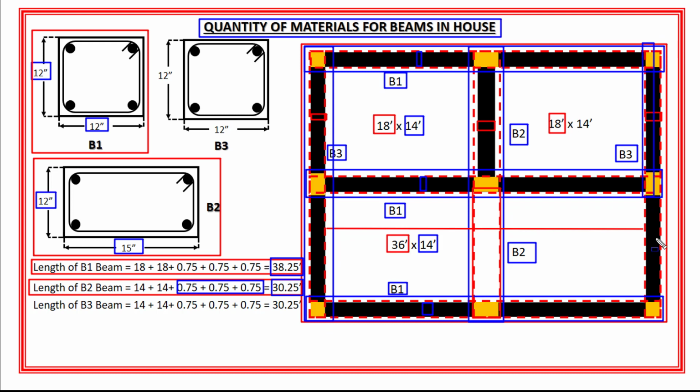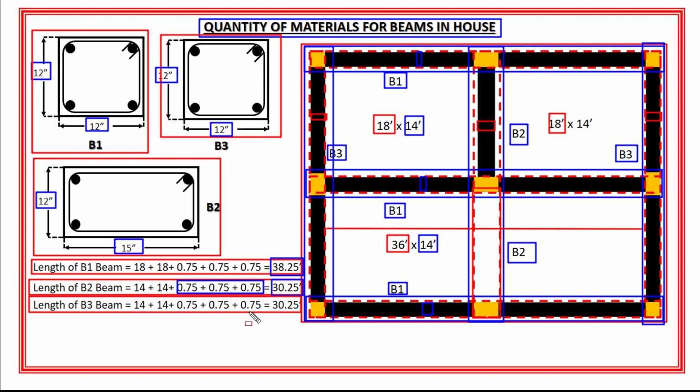Also, B3 beam is in square shape and its size is 12 inches by 12 inches, which means that the width and height of B3 beam is 12 inches. Now the length of B3 beam will be the same as the length of B2 beam, because if you look at the plan of the house, both B2 and B3 beams are placed in the same direction.